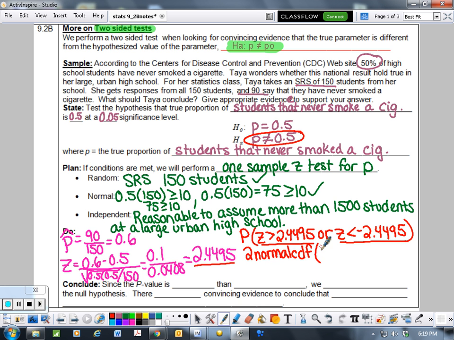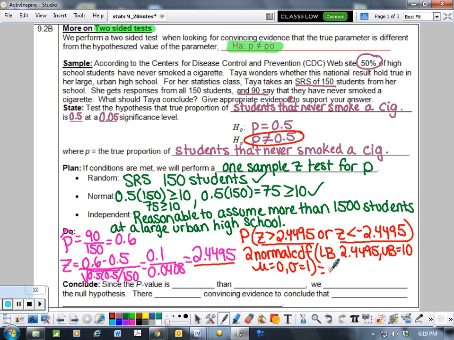So I'm going to do 2 times normal CDF, where my lower bound is 2.4495 and my upper bound is 10. The mean is 0, and the standard deviation is 1 on that standard normal curve.